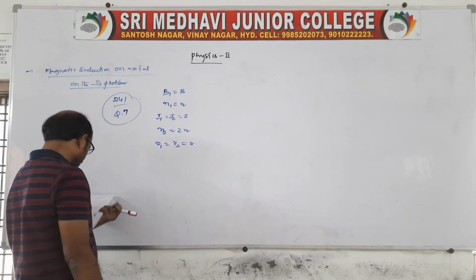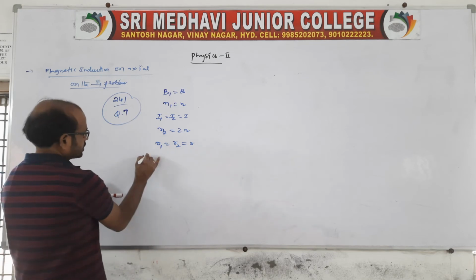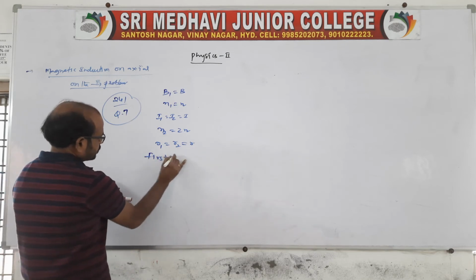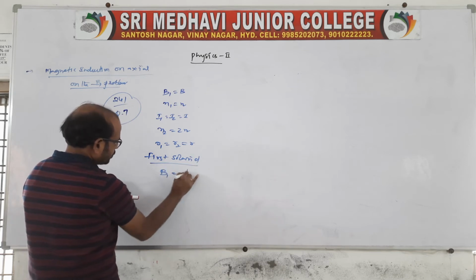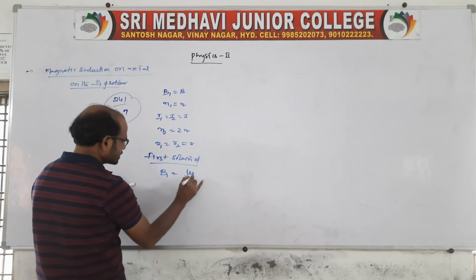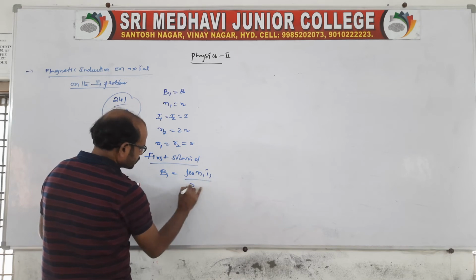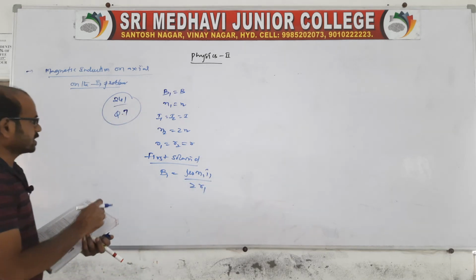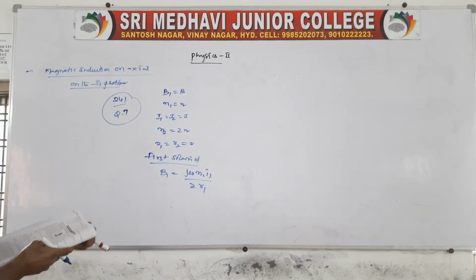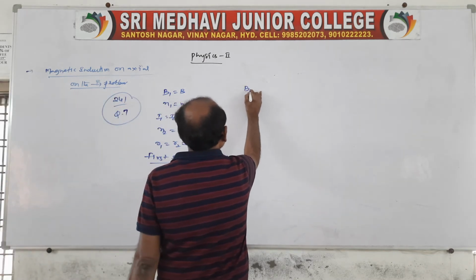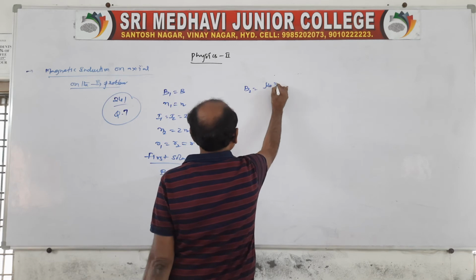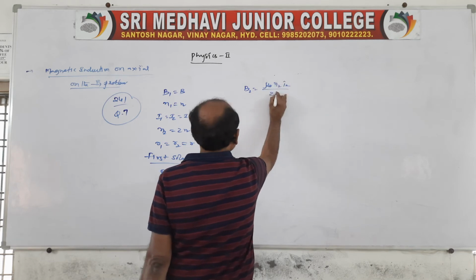So the magnetic field produced by the first solenoid is B1 is equal to mu naught N1 I1 by 2 R1. In the same way, B2 also, that is the magnetic induction produced, is mu naught N2 I2 by 2 R2.